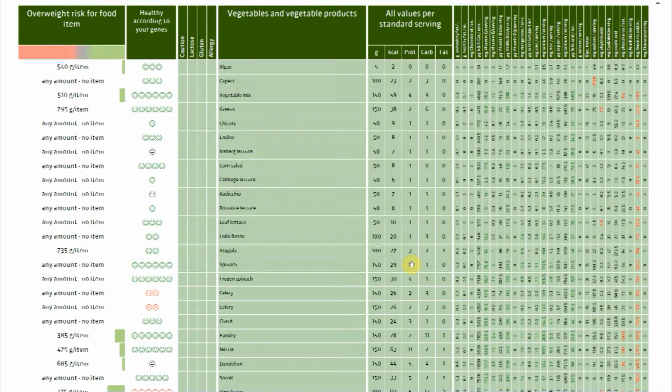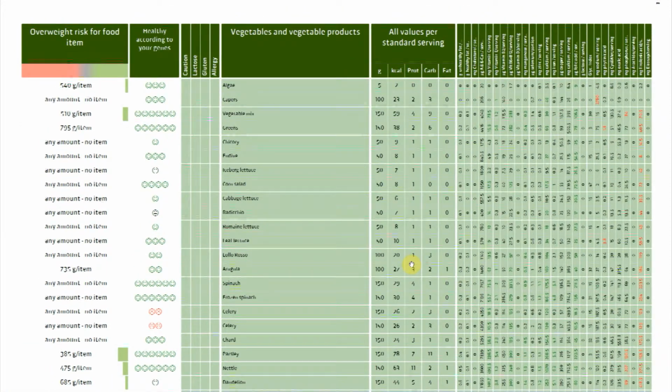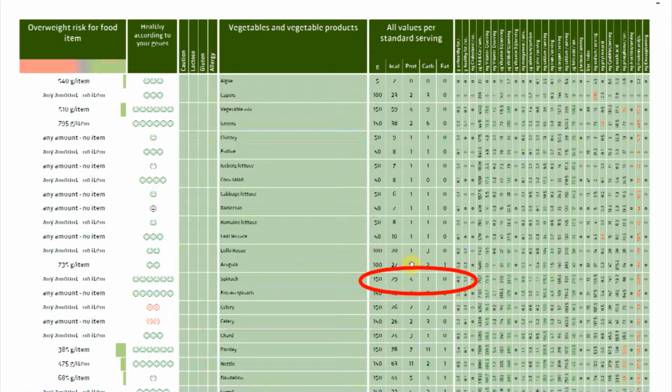Now this here shows you the main calorie containing substances. So for example, going for spinach. A general portion of spinach is 150 grams. And 150 grams of spinach contain 29 kilocalories, so a very, very low amount.